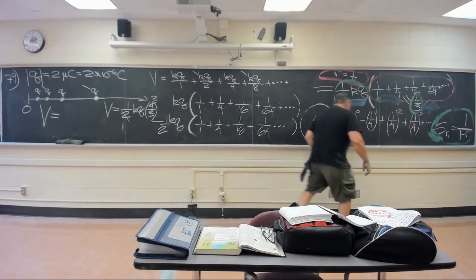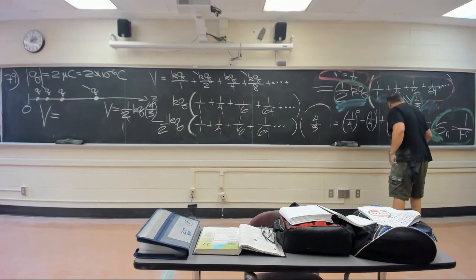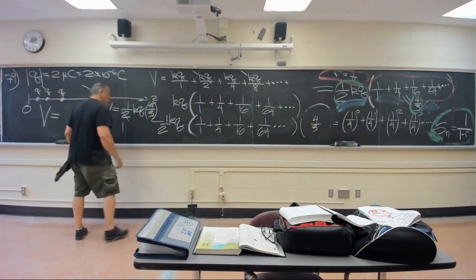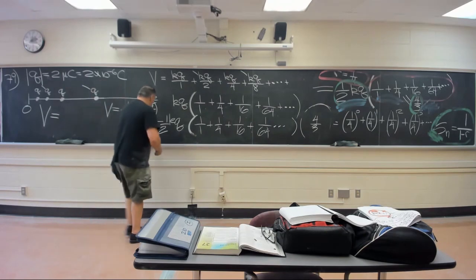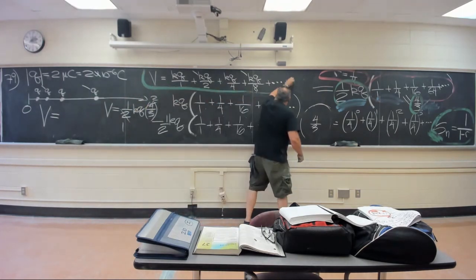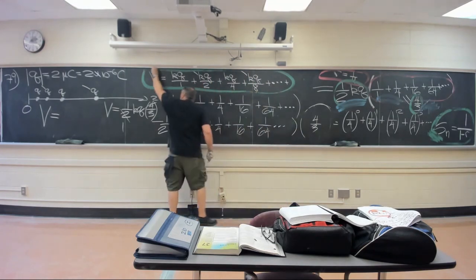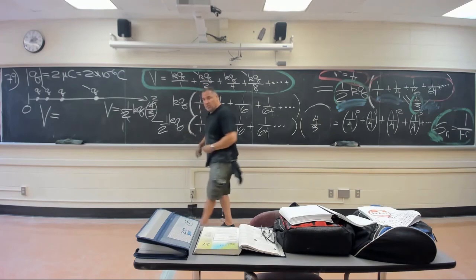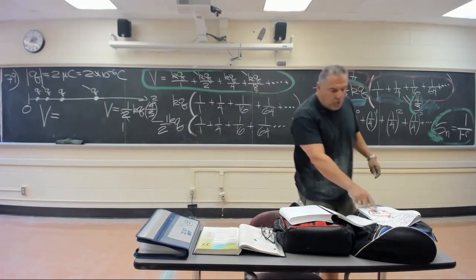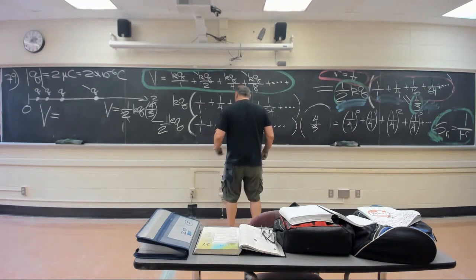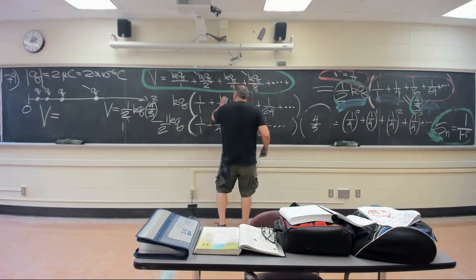Makes sense. So it was looking like this. Remember, when they weren't alternating, it was 2 KQ. It was 2 KQ. Here it's not as much. Here it's 2/3 KQ. It makes sense it wouldn't be.